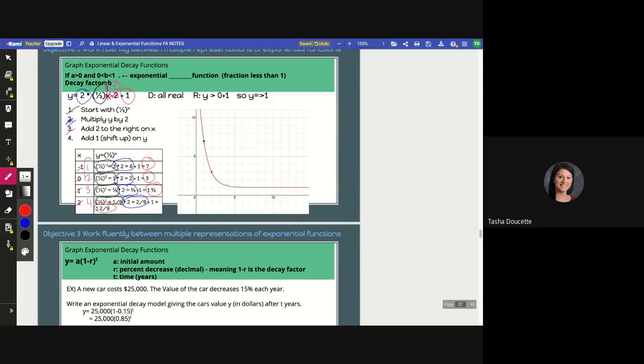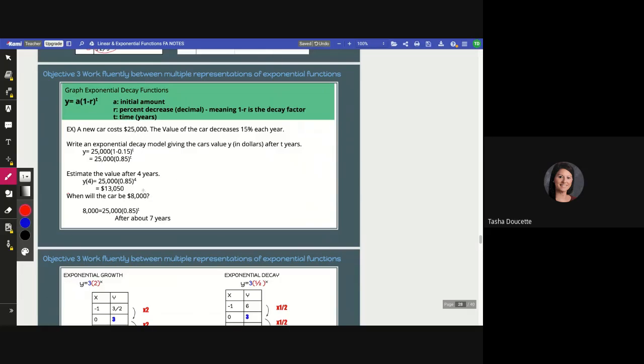So I'm going to plot these numbers in the red circles into my graph, and this is what we get right over here. All right, so your asymptote is at y is greater than 1, because it is never going to approach 1. We have a decay here, a decay model.